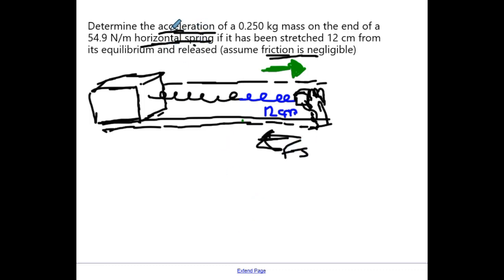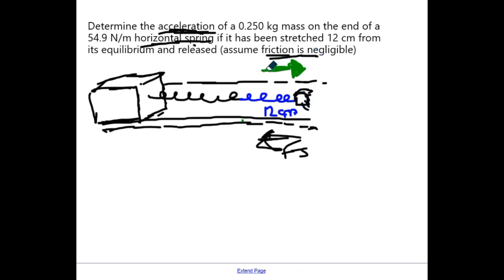And it's going to, so I'm going to ask you for the acceleration, right? So what we need to do is consider that acceleration. Well, as soon as I let go of this box right here, so as soon as the hand is missing, so I'll just erase the hand now, there we go. Now there's no longer an applied force keeping it in place. There's really only one force happening, right?